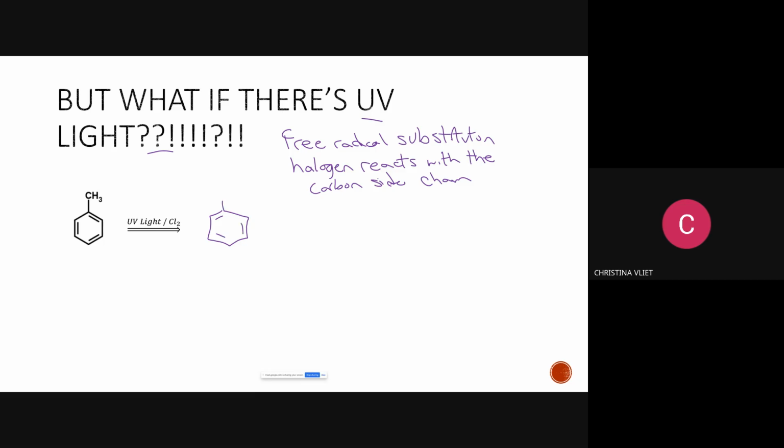And so what do you think this product could be? Instead of CH3, it could be CH2Cl, plus HCl. Because it's a free radical substitution, is that the only product we could get? No, you'd actually technically have the possibility of a plethora of products.